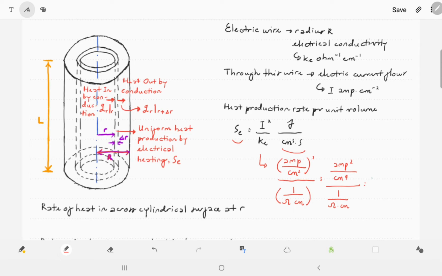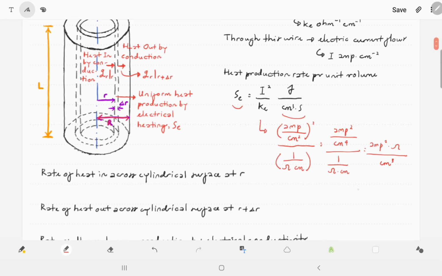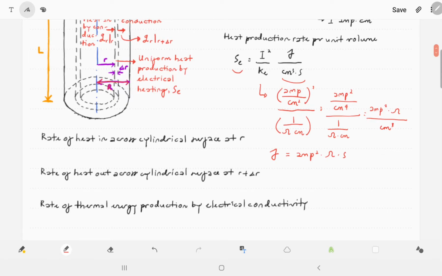Then we have ampere squared ohm divided by centimeter cubed. Note that joule is equal to ampere squared ohm second, so ampere squared ohm equals joule per second.